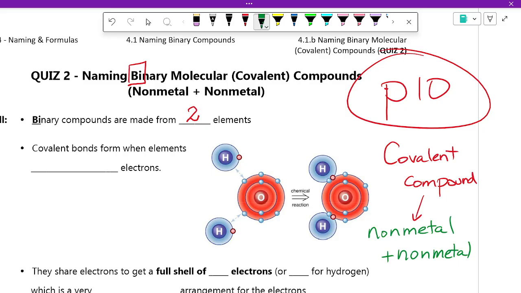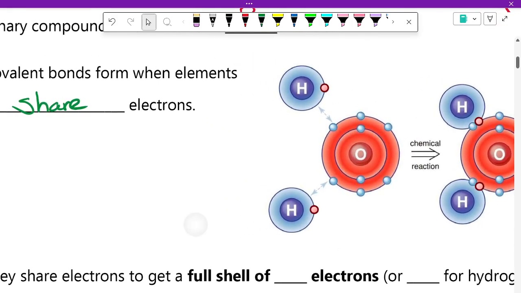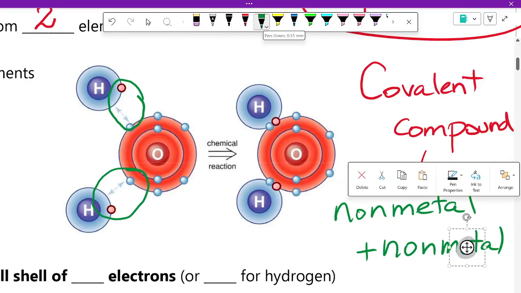Covalent bonds form when elements do what with their electrons? Share. So here we have oxygen, which has 1, 2, 3, 4, 5, 6. It needs 2 more, so it is going to share with this little hydrogen here, and it's going to share with this little hydrogen here. And we've got that little lovely thing there.